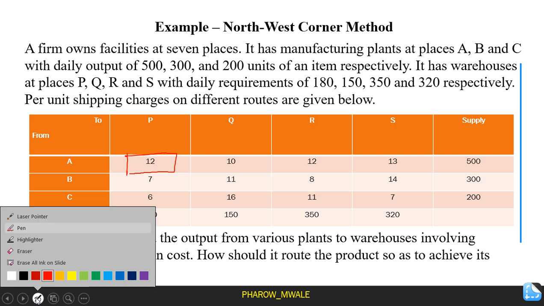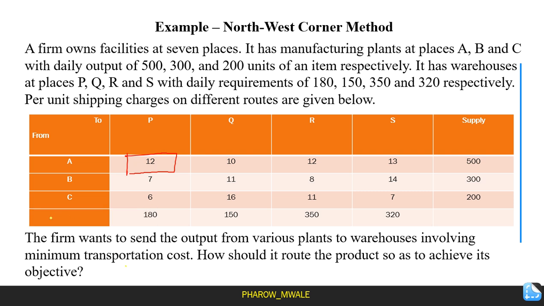Remember, this is the demand. Let me label it quickly. Here we have the demand, and here we have our supply, or you can say the production capacity if you want. So these are the factories where the goods are coming from, and these are the stores where the goods are being transported to.